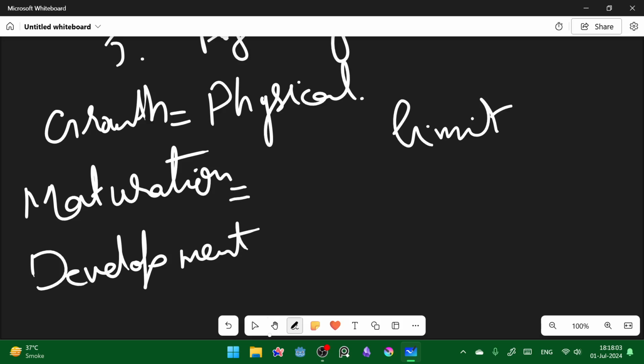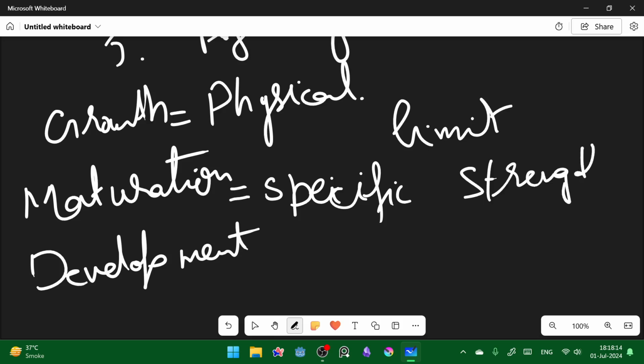The result of growth is maturation. Maturation refers to the specific strength of the muscles required to do some specific task. For example, when a child is born, a newborn baby, his muscles are not much strong that he can sit or walk.